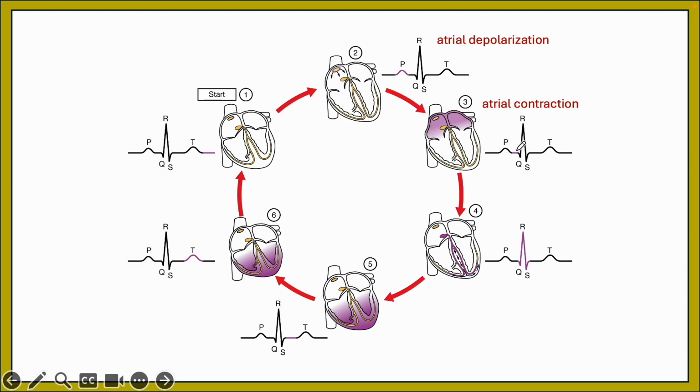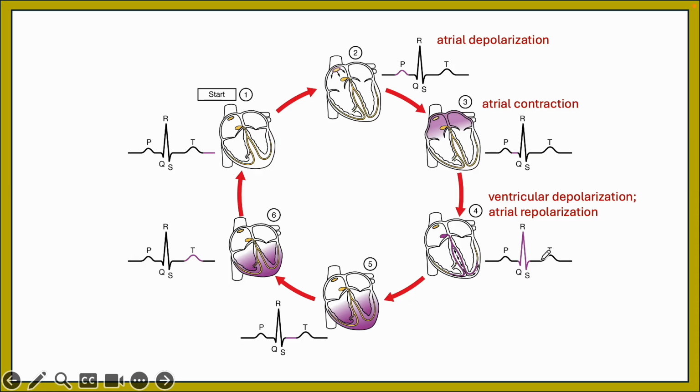Atrial contraction then is going to be followed with the QRS complex. This represents ventricular depolarization, but also happening is atrial repolarization. You don't actually see atrial repolarization.